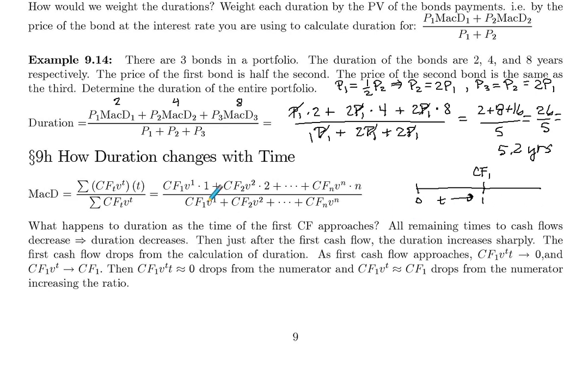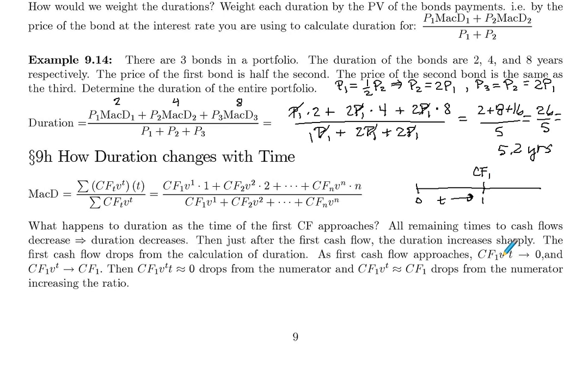Well, if we look at a variable expression for this first cash flow, let's call it CF1 v to the t times t, where t is the elapsed time between 0 and 1. Notice that as t approaches 1, the time remaining until that cash flow occurs goes to 0. So this t right here goes to 0.